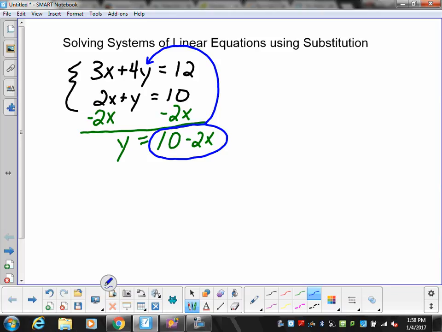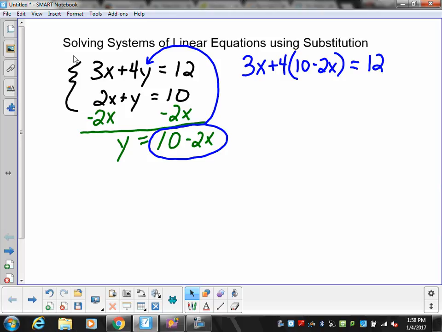I'm going to rewrite that first equation as 3x plus 4, and then where y is, I'm going to substitute in 10 minus 2x. Since that said 4y, that's 4 times y, so I put what y was going to be in the parentheses, so it's still 4 times y.